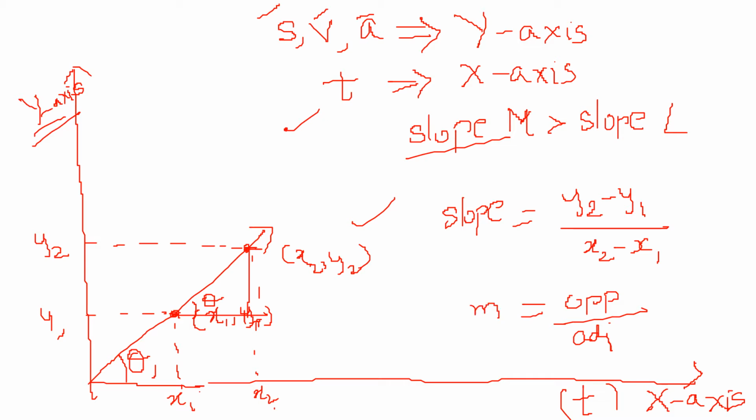So slope, the symbol is small m, is opposite upon adjacent. Now in trigonometry this becomes tan theta. So finding tan of that angle will give us the slope, or we can say the change in the y coordinates upon the change in the x coordinates gives us the slope. So this is how we find the slope. Hope this is clear.